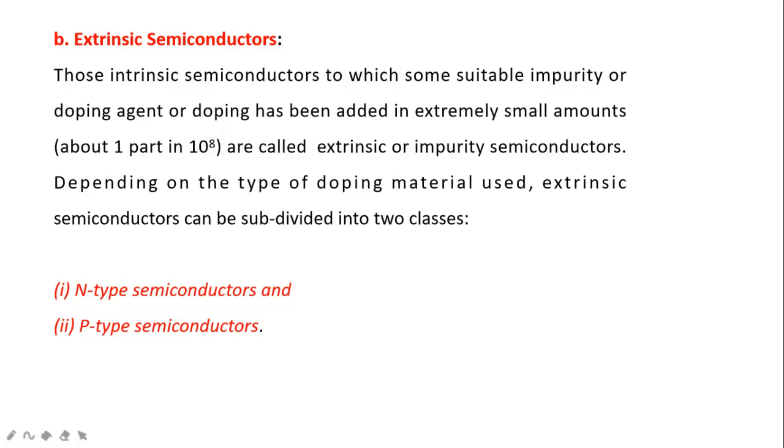And we can tune many other properties by doping some material. Basically, semiconductors of extrinsic type are again subdivided into two classes, N type and P type.